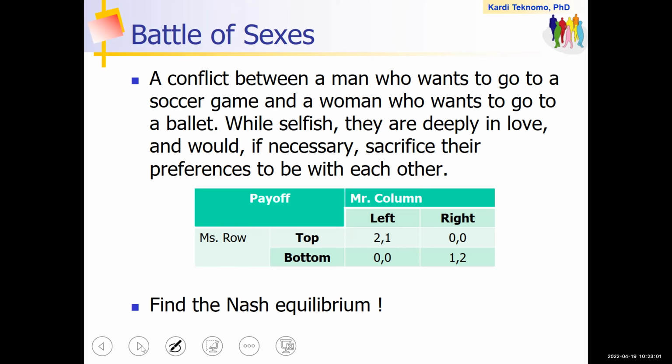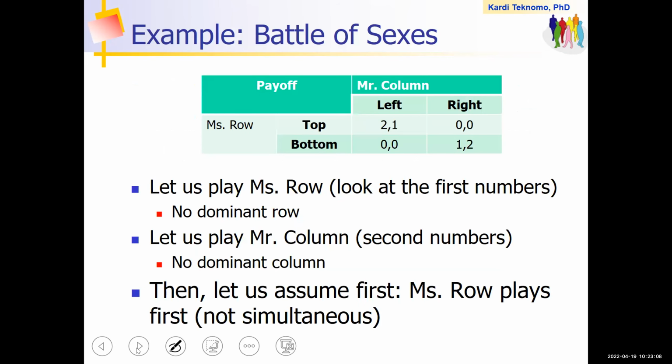Now let's find the Nash equilibrium for this payoff. First, let's play as Miss Row. Look at the first number in this case and check if there is any dominant strategy. You see 2 is larger than 0, but 0 is less than 1, so there is no dominant row.